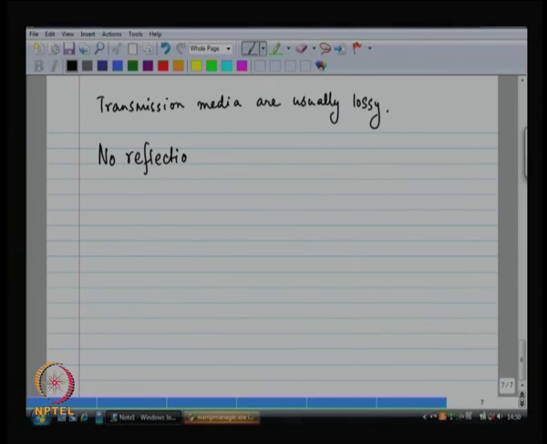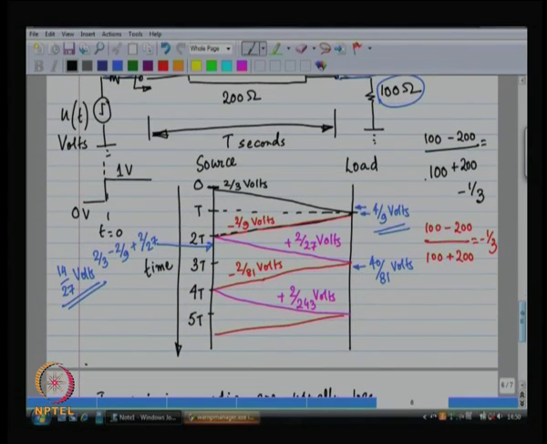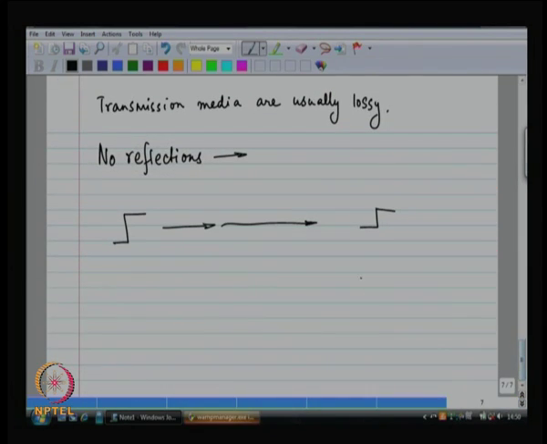When there are no reflections, if I transmit a pulse on the source side and it travels over the medium, then all that I am going to receive is a delayed pulse. So, I transmitted the pulse, I got 2/3 volts, that wave travelled all the way to the load, and from the load nothing reflected back. So, at time T, I received 2/3 volts over here.